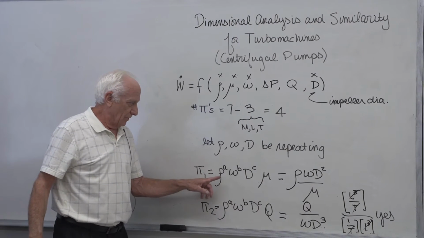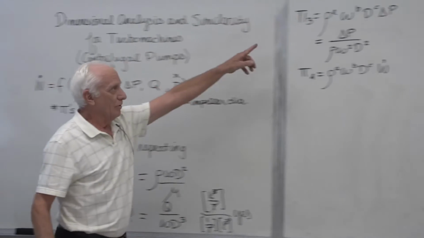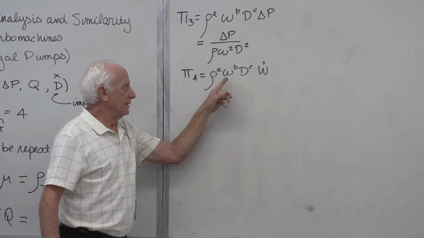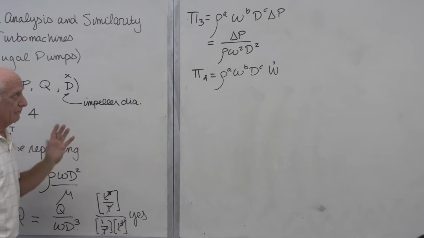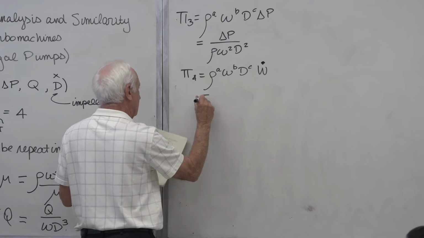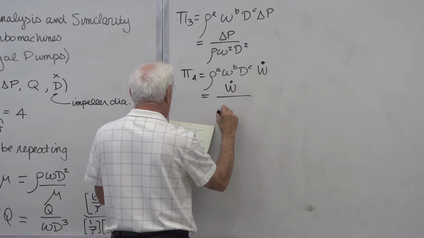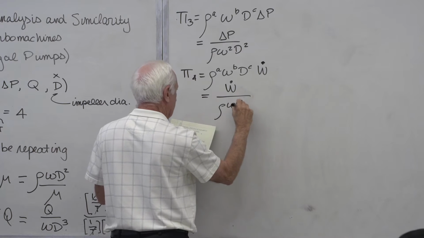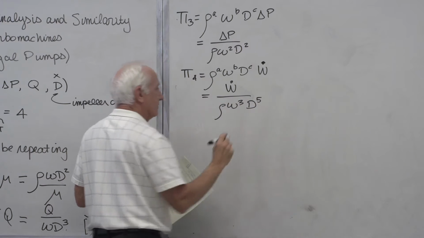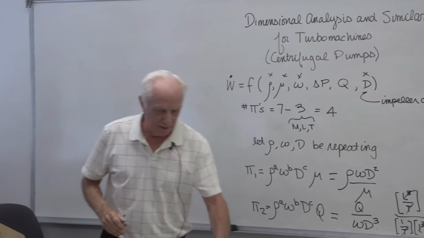Here they come: rho omega D, rho omega D, rho omega D, rho omega D. That's what they're called, repeating. We solve for A, B, and C here, and we get this one. There they are. You can check those dimensions. You'll find out they really are dimensionless, so we're okay.